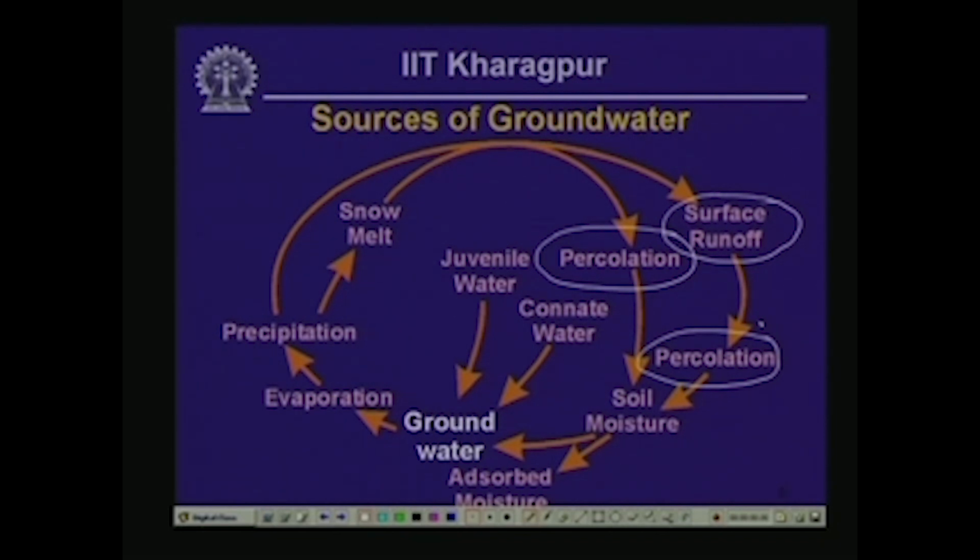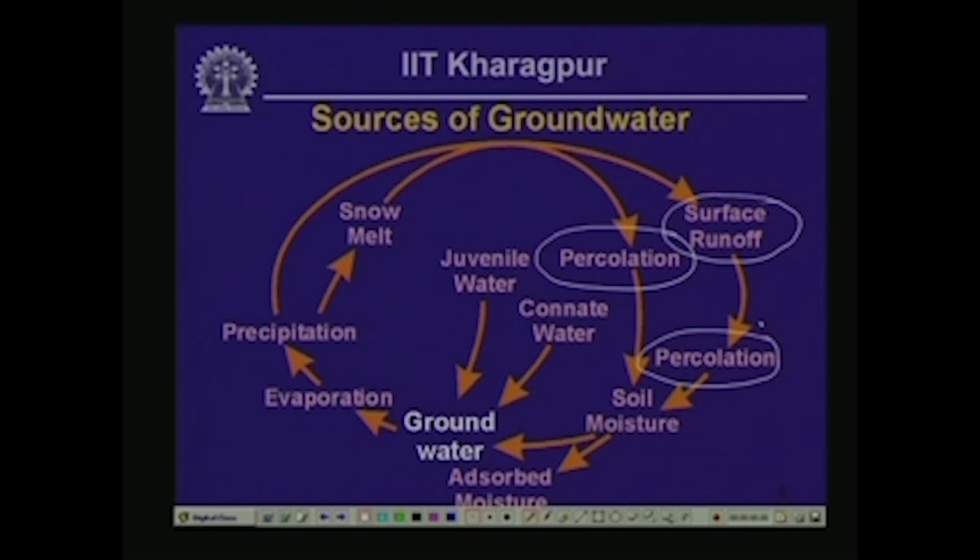There are two other sources of groundwater. We need to consider those two sources as well in order to complete this discussion. One of them is what is called juvenile water, and this is the water that is released directly from magma during the formation of the rock itself, and that might also get trapped within the mass of subsurface formations.